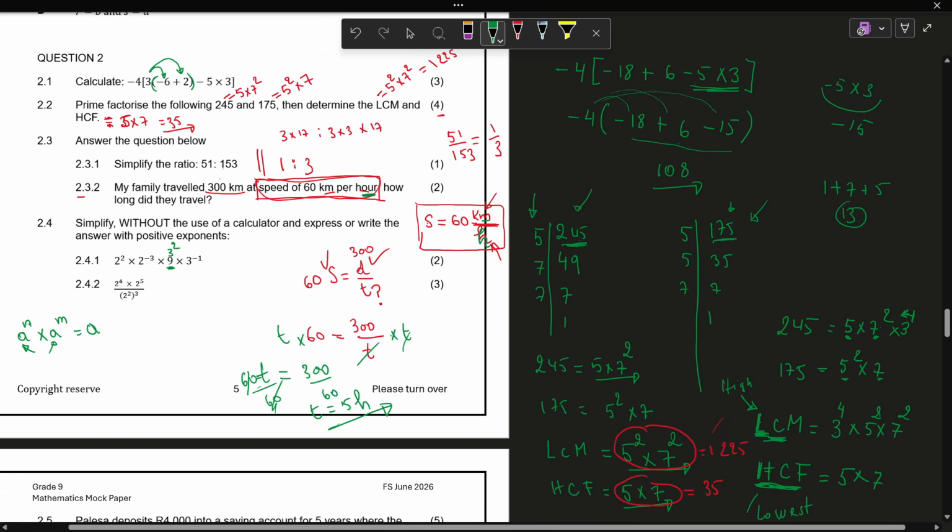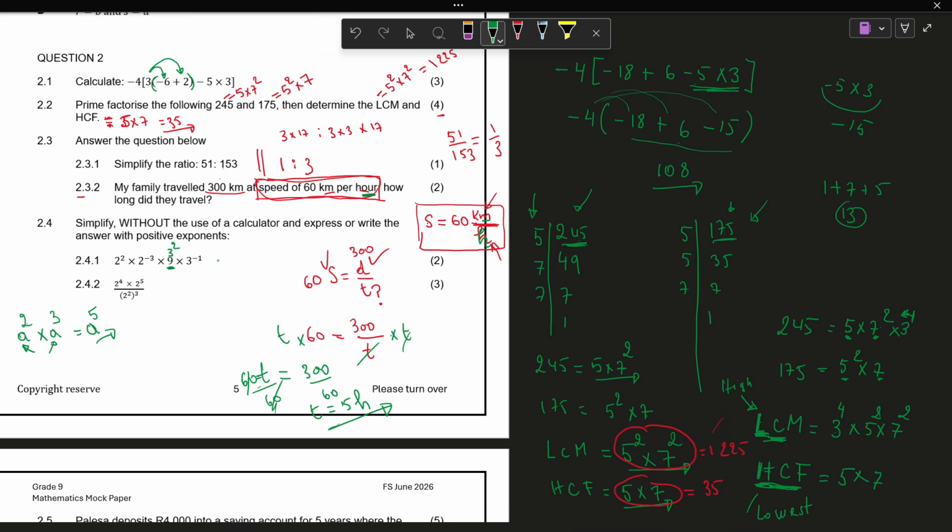So to be more specific, if we have 2 here with a exponent 2 and a exponent 3, we'll end up having a exponent 5. That would be the answer there.